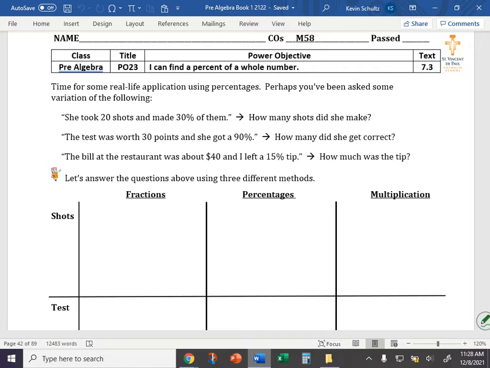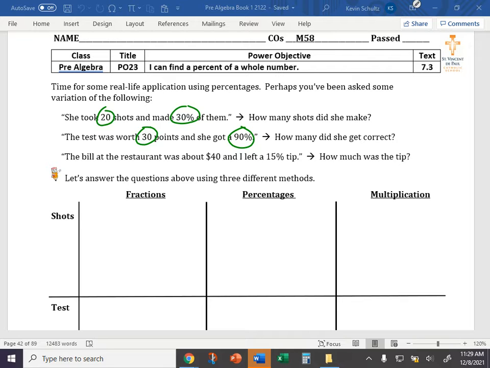So questions such as this, where it's like 30% of 20, 20 being that whole number, right? 90% of 30, okay? And then we even get into a little bit with kind of the 5% there, 15%, something like that. So for the first one, wouldn't it be 0.30 times 20? So we'll talk about different ways to do it. 0.30 times 20 will work, but remember you're not going to have a calculator.